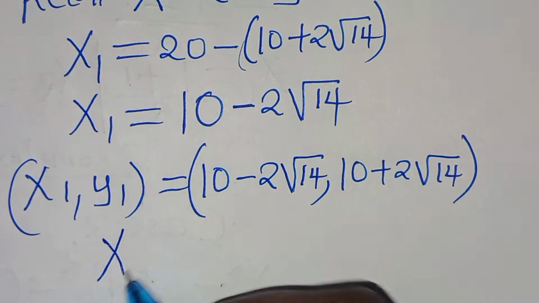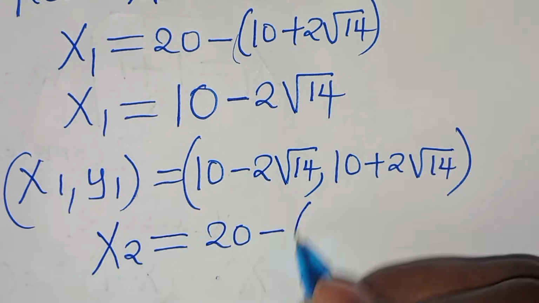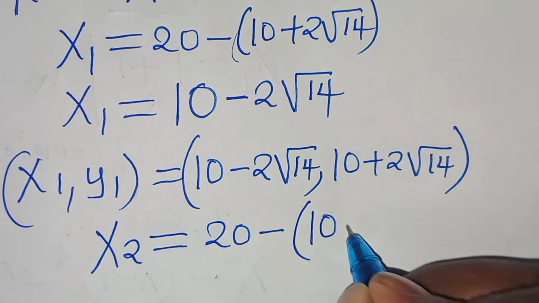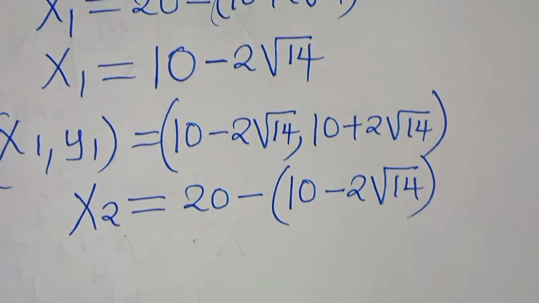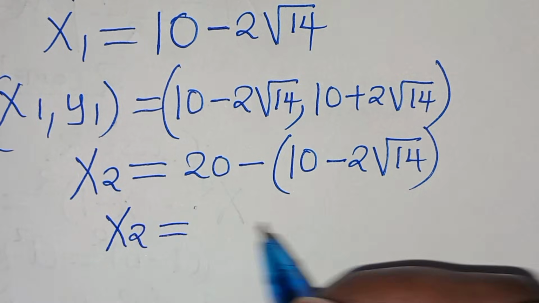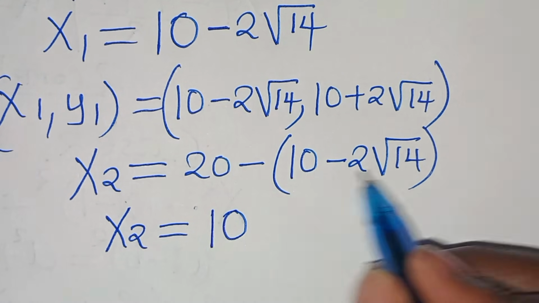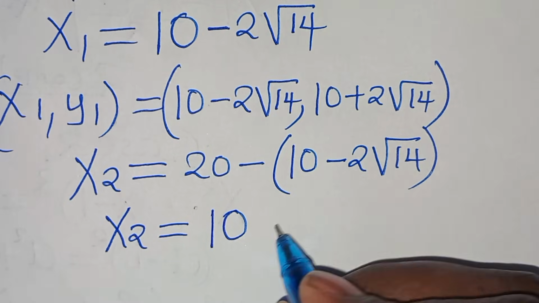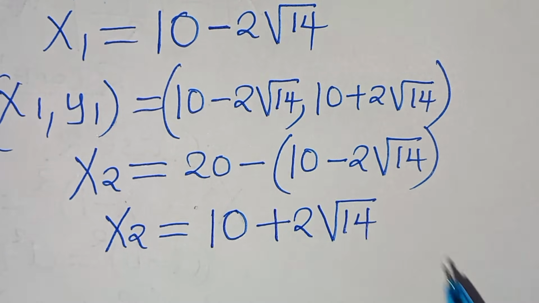So let's solve for x2. x2 is equal to 20 minus y2, and y2 is 10 minus 2 square root of 14. So we have x2 is equal to 20 minus 10, minus minus 2 square root of 14, which is plus 2 square root of 14.